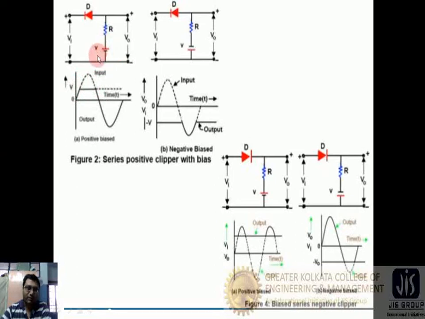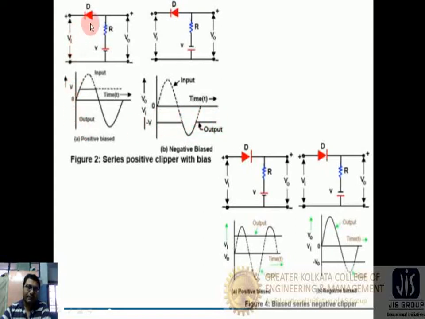Adding this voltage source adds a voltage level and makes a positive portion of the input signal clip. Similarly, this circuit also clips out the positive signal of the input signal and produces the positive clip output.